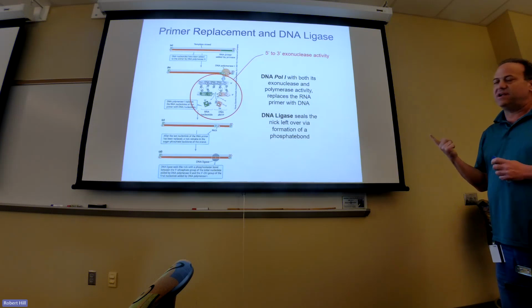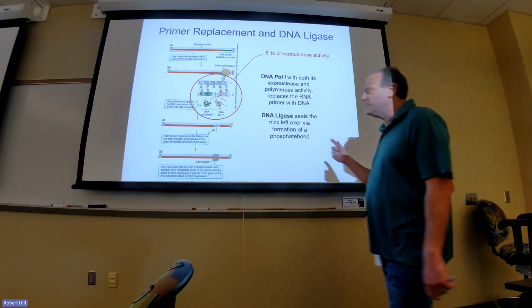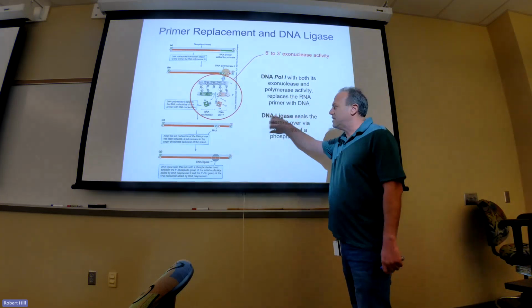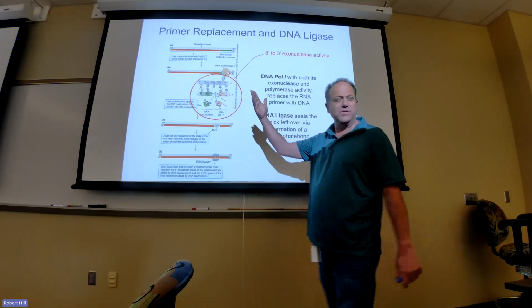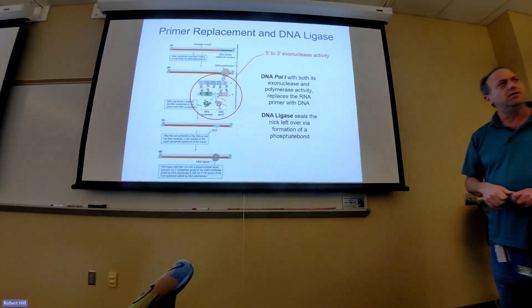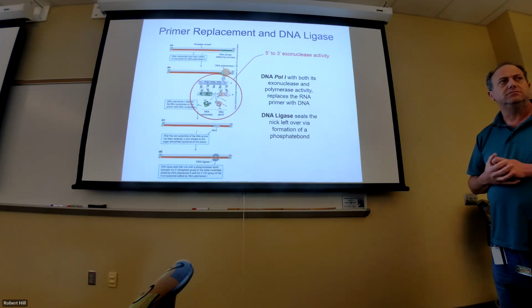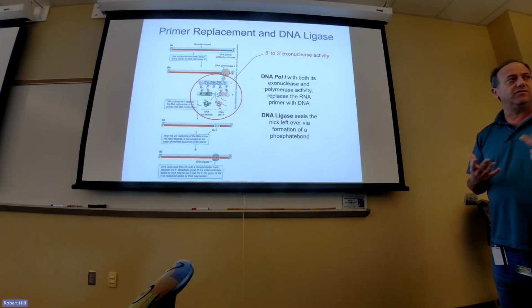All right, so after DNA pol 1 does that, you're still going to have a nick in the DNA, right? So there's another enzyme called DNA ligase. Where did we use DNA ligase in our lab? What was that for? That was involved in the cloning, right?